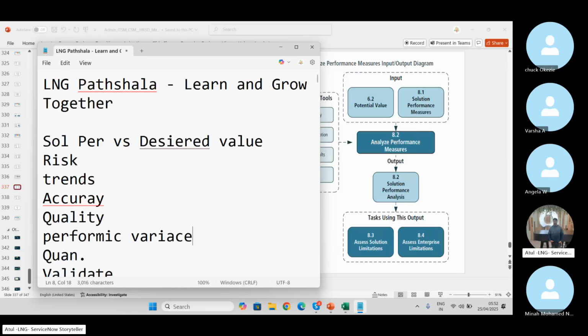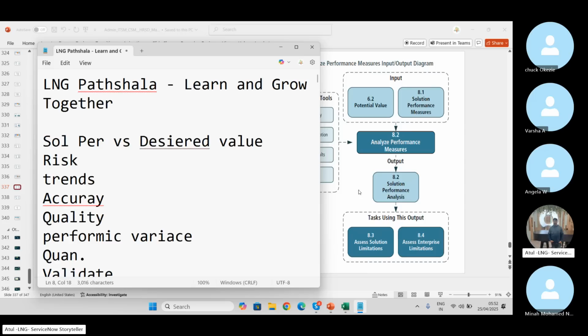How much it has changed from the previous to this value. And it can be based on multiple factors, external, internal, both can be there. Constraints, policies, everything can matter here.